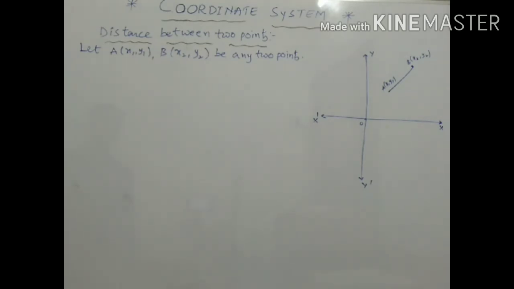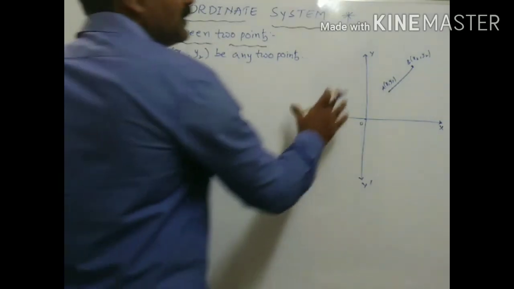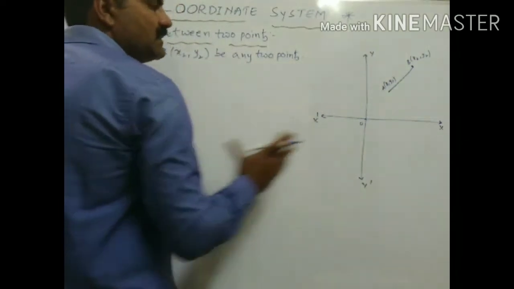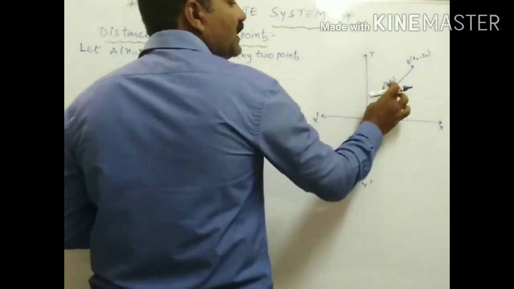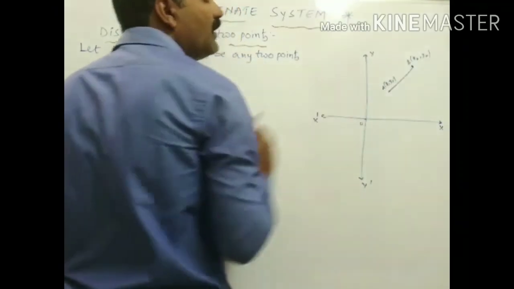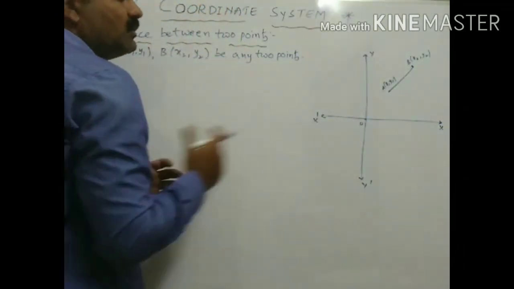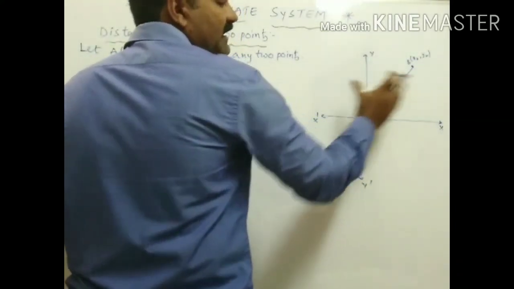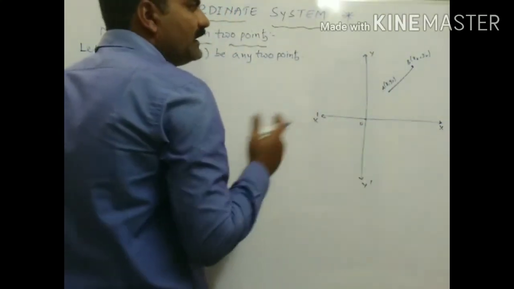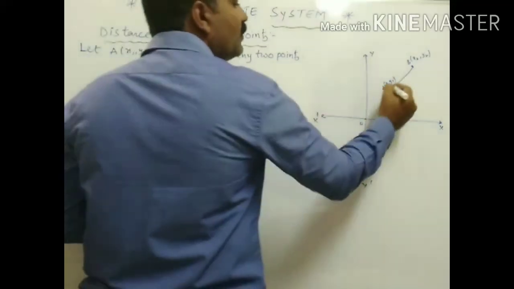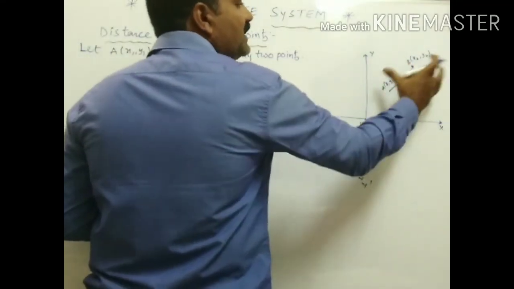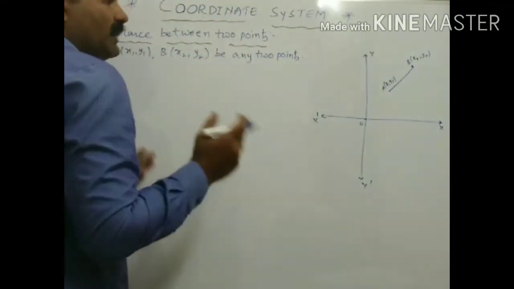Let us come to the proof. Please consider the coordinate axes, both x-axis and y-axis. Say capital A (x1, y1) and capital B (x2, y2) are any 2 points. They need not be in the first quadrant; they can be anywhere. One can be in the first quadrant and one even in the second quadrant. Anyhow, let me consider A and B as any 2 points.